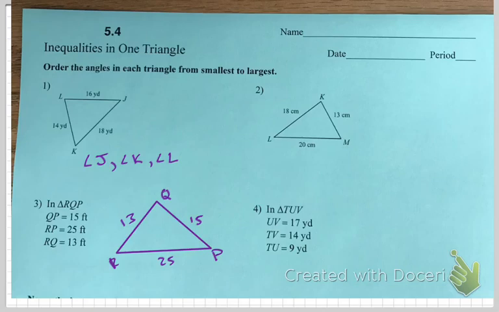In this case, Q is opposite my 25, but we're going smallest to largest. That means P would be first because it's opposite my 13, followed by R, followed by Q. So remember, guys, opposite means not touching. See how RP is touching R and P, so Q would be opposite of RP.